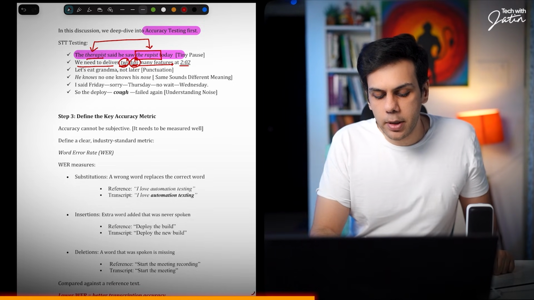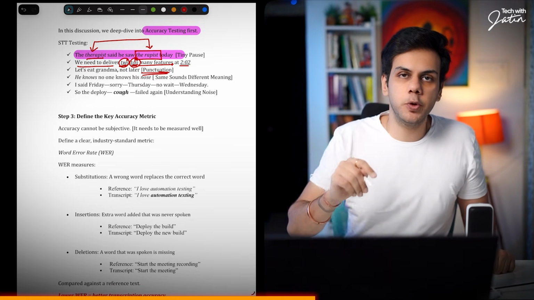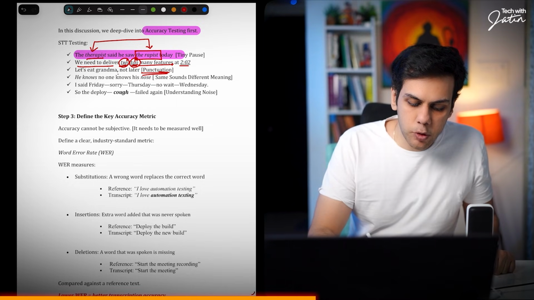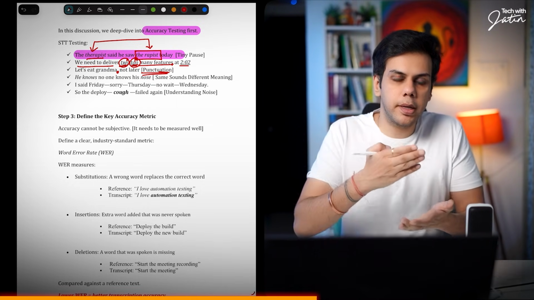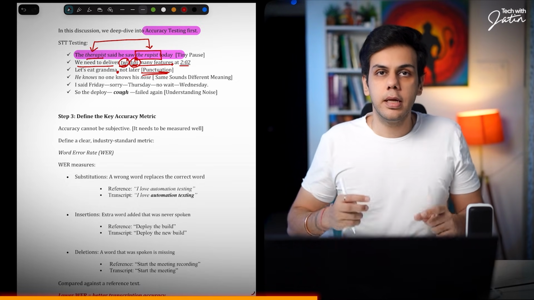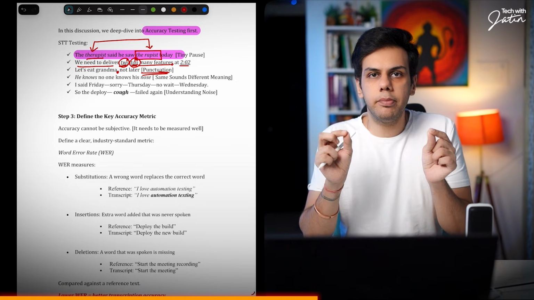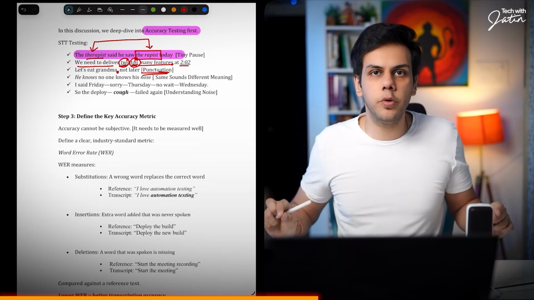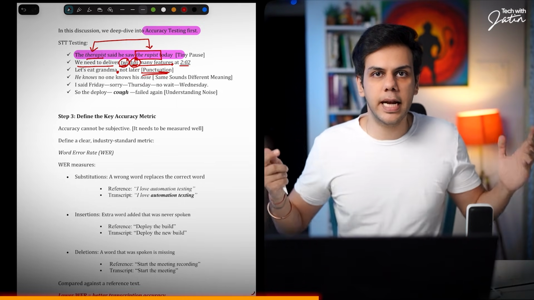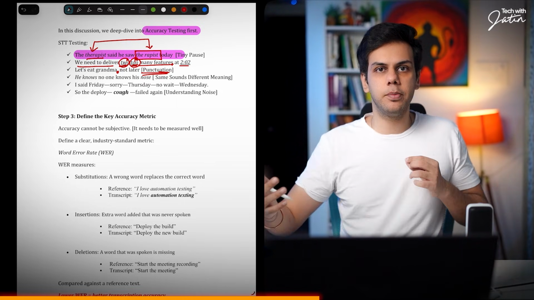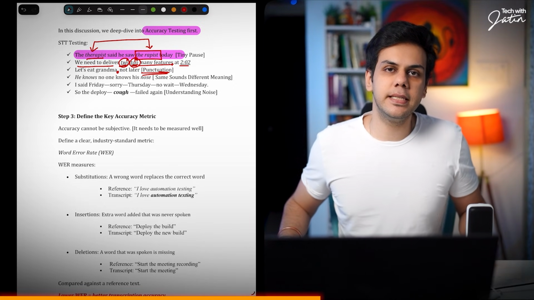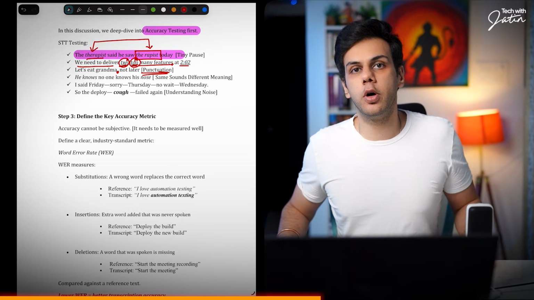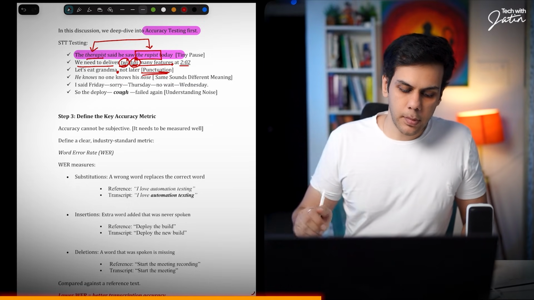So it should be able to understand where to put the punctuation. Because if this comma is not there, or if this particular comma is there, the entire statement changes, the meaning is going to change. Let's eat grandma or let's eat, grandma. So this is something that the STT system should be checked upon, the accuracy.